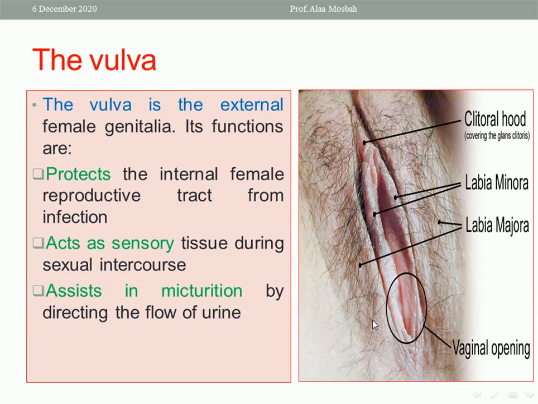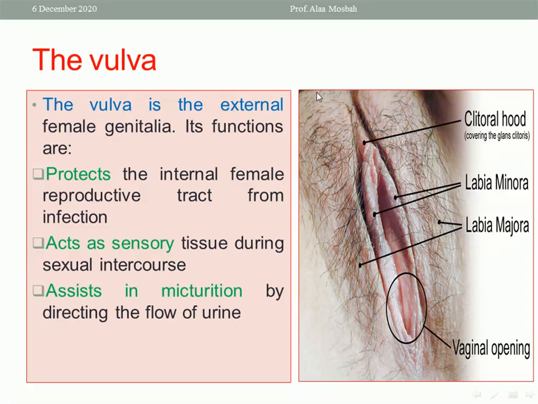Its function is to protect the internal female reproductive tract from infection because it partially closes it. It acts as a sensory tissue during sexual intercourse because it carries sensory nerves and is very rich in sensation, especially in the glans of the clitoris here and in the labia minora specifically. Also, it assists in micturition by directing the flow of urine.